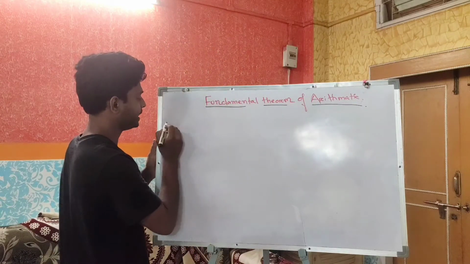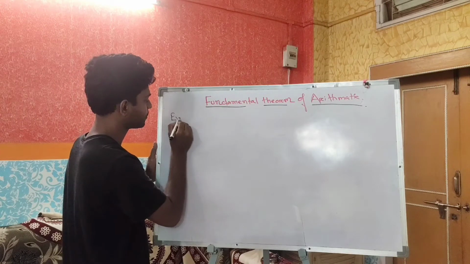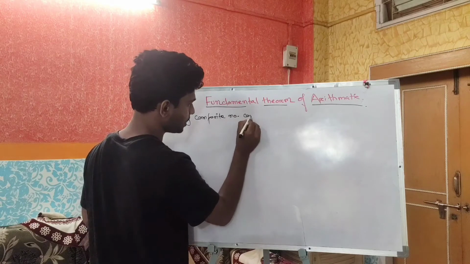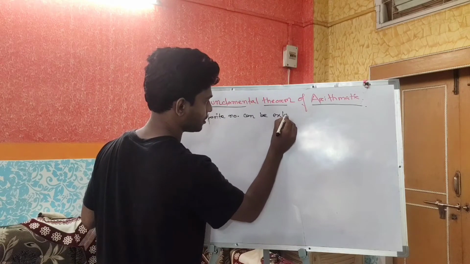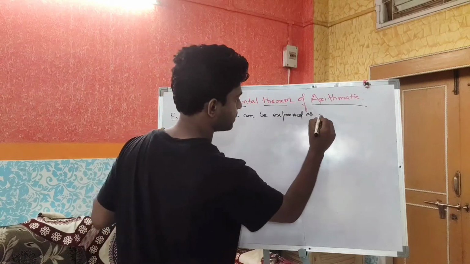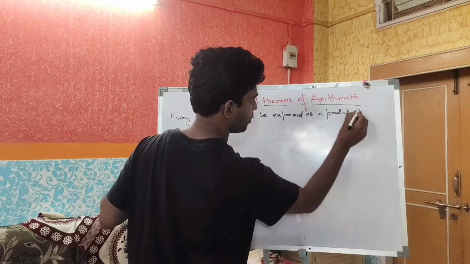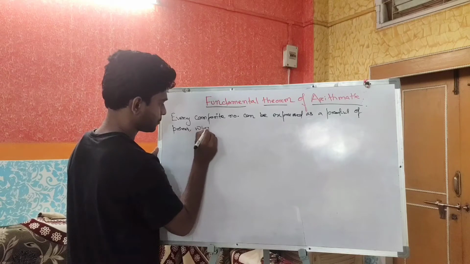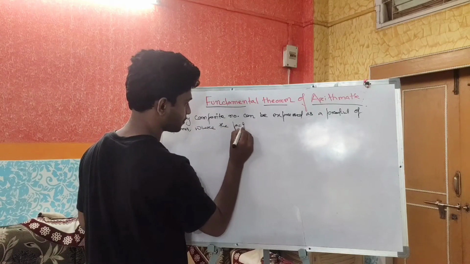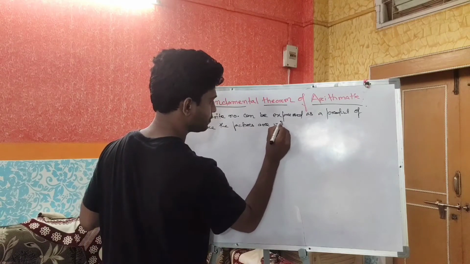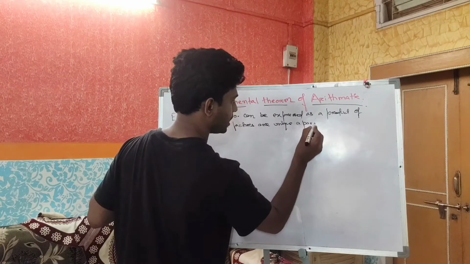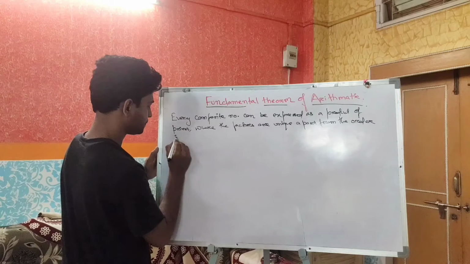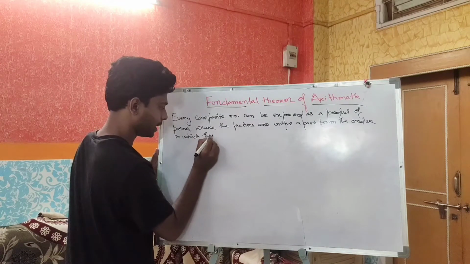The statement is, it states that every composite number can be expressed as a product of primes, where the factors are unique apart from the order in which they appear.